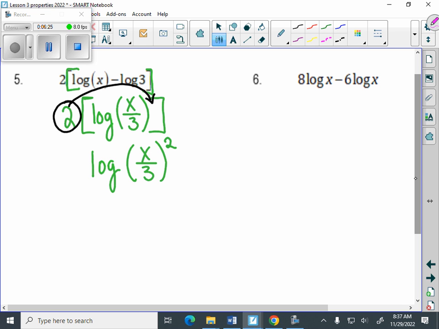As we look at number 6, what I'm hoping you notice is we have 8 log x minus 6 log x. These are like terms. So we can simplify this a little bit more just by combining this before we apply the properties. 8 minus 6 is 2 log x.